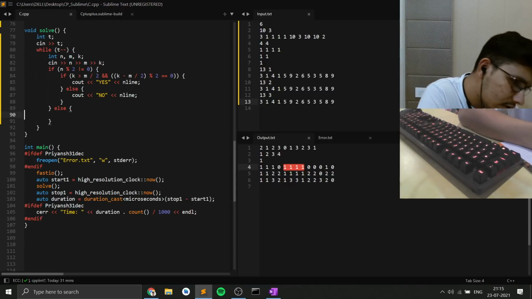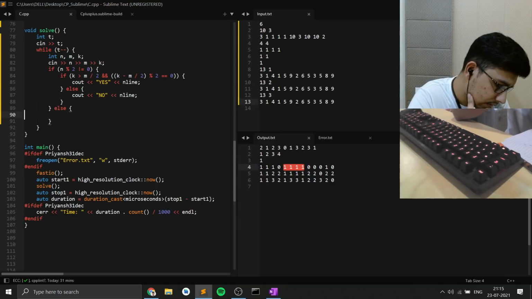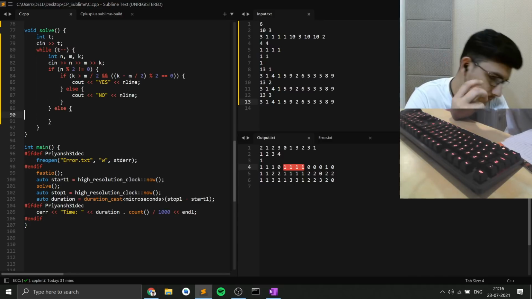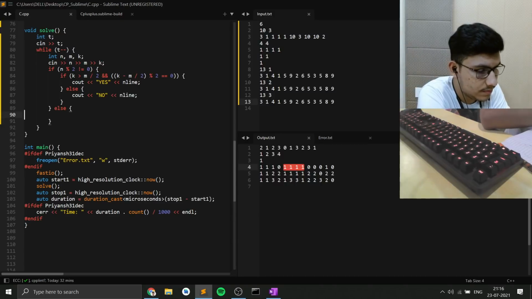So if you pick the first two columns and place, let's say, an even number of dominoes there, you're placing an even number of dominoes in every row.